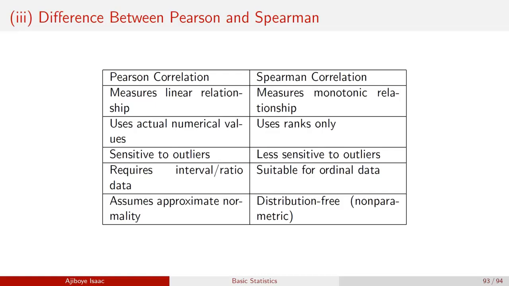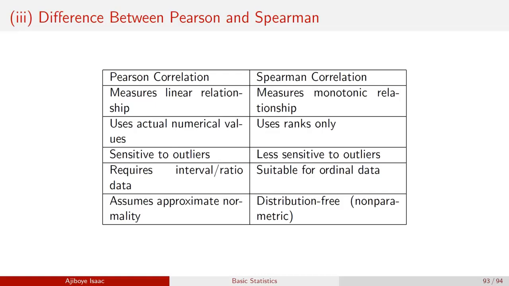In comparison between the Pearson correlation coefficient and the Spearman correlation coefficient, we see that Pearson measures linear relationship, whereas Spearman measures monotonic relationship. Pearson uses actual numerical values, whereas Spearman uses ranks. Pearson is sensitive to outliers, and Spearman is less sensitive to outliers.